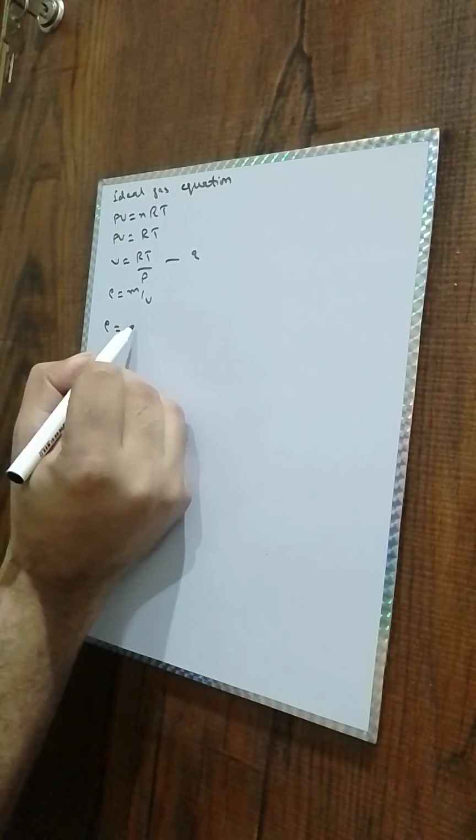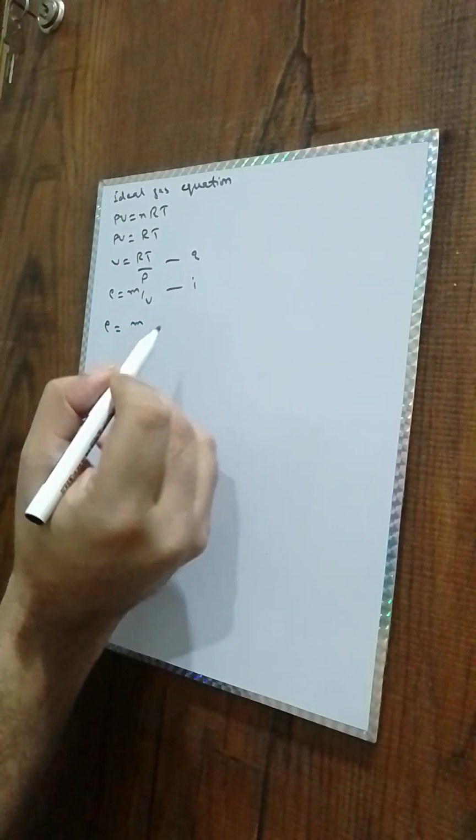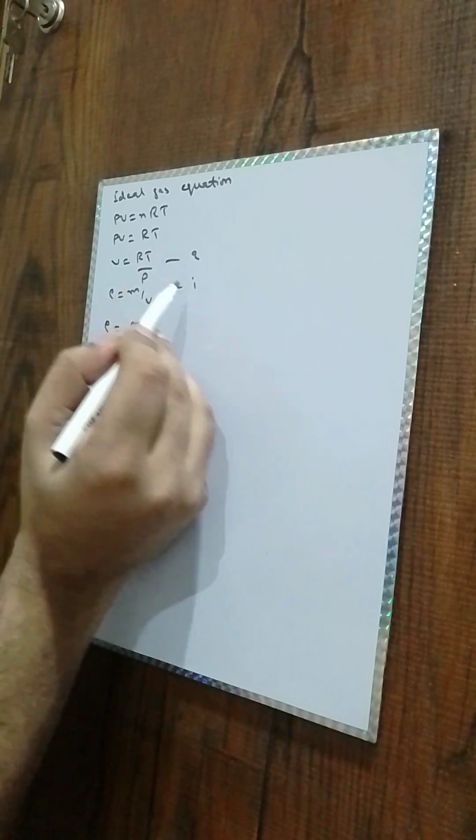Now we have the form for V. So we put V in this equation 1, substitution A in equation 1.